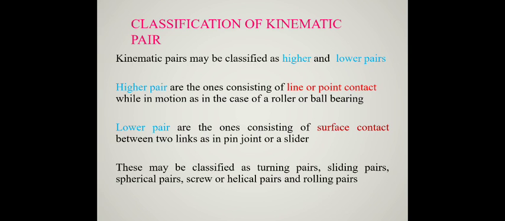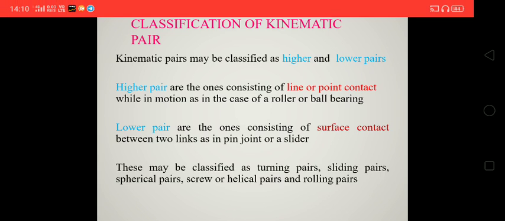And the whole surface of the piston is in contact with the cylinder surface, so there is a surface contact, so this pair is called a lower pair. These may be classified as turning pair, sliding pair, spherical pair, screw pair, helical pair, and rolling pair. This type of classification we can see in our next lecture.